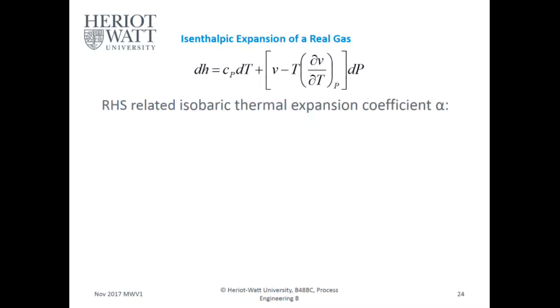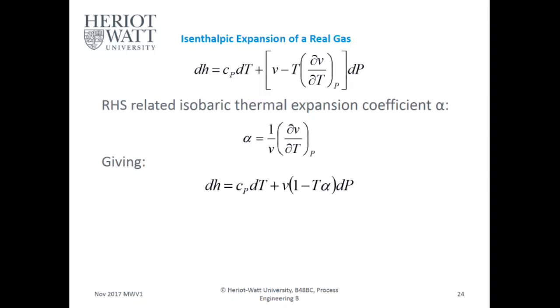Hence, the right-hand side is related to the isobaric thermal expansion coefficient alpha. So if alpha is 1 over V multiplied by the change in V over the change in T at constant pressure, you can simplify that to the change in enthalpy equals Cp dT plus V multiplied by (1 minus T alpha) times the change in pressure.